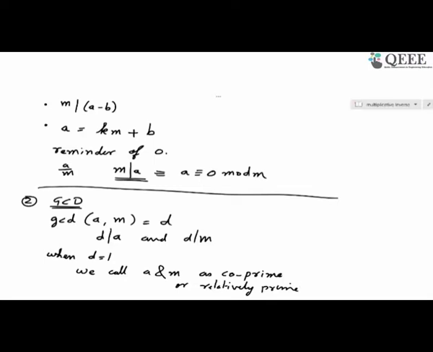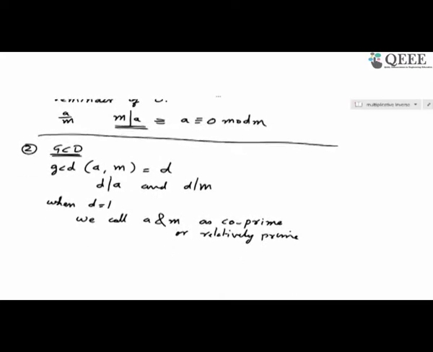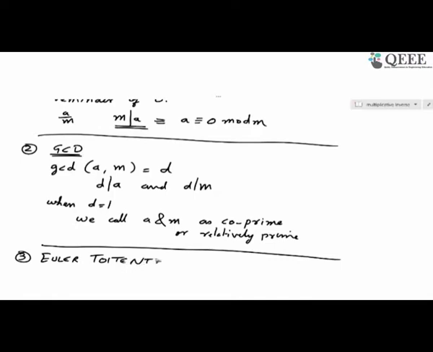The third thing we looked at was something known as the Euler totient function.